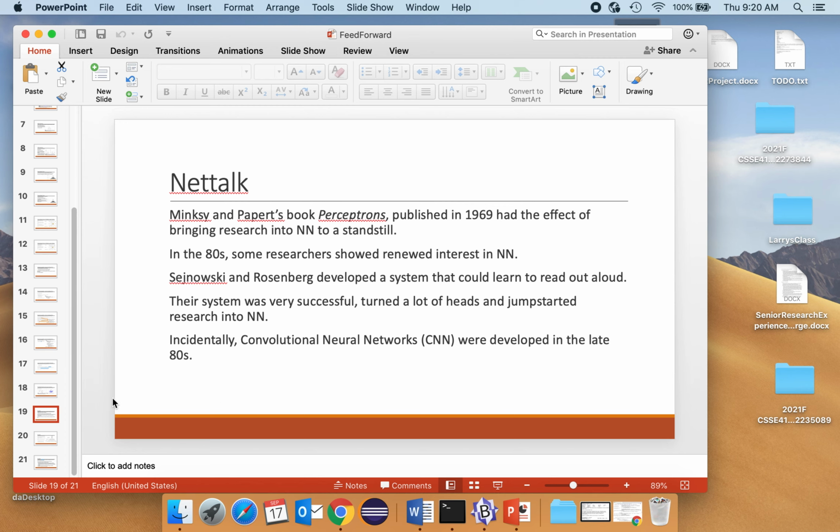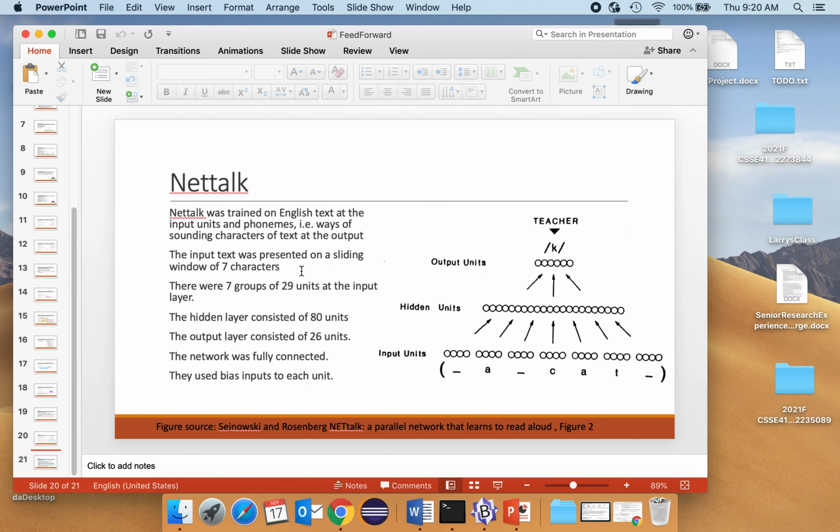So let's have a look at NetTalk. Here's a figure from the paper that I also link on our website. It was trained on English text at the input units and phonemes, i.e. the ways of sounding characters of text, at the output.